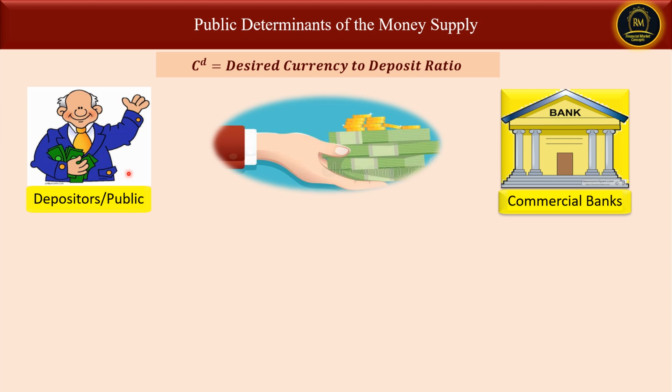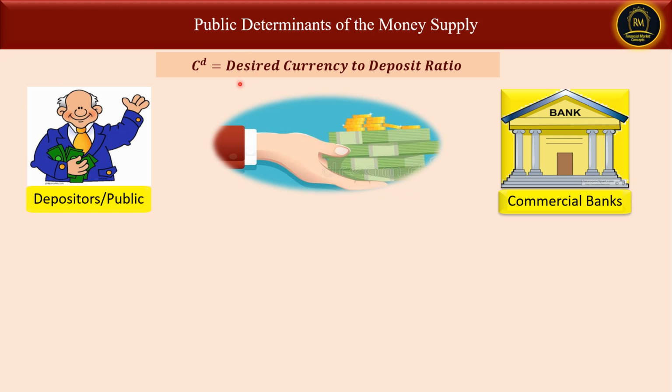We all know that if the public has more desire to lend money to the bank as deposit, this is going to increase the money multiplier process, because if the bank has higher deposits, it will increase the credit creation and money supply will increase by multiplier times. But if the public has more desire to hold currency, it is going to reduce the deposits in banks, reduce the credit creation, and money supply is reduced by multiplier times.